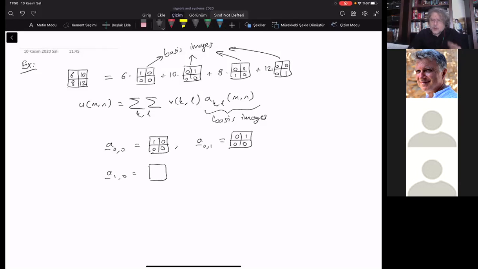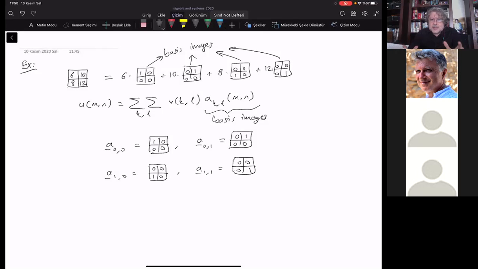A10 is 0010, and A11 is 0001 in this notation. Although I'm writing in uppercase A, actually they are matrices, as you see, and have 2 parameters for the variations of those.